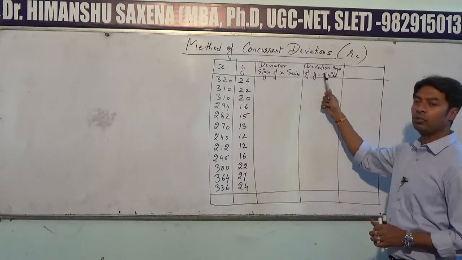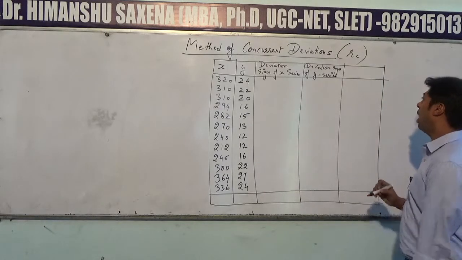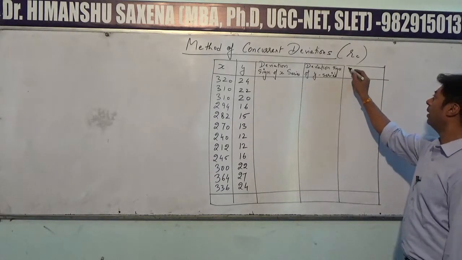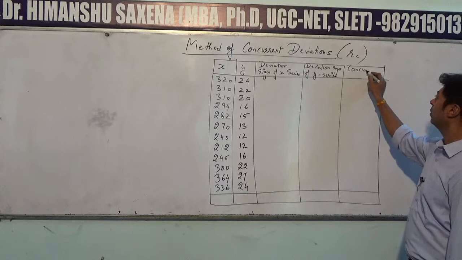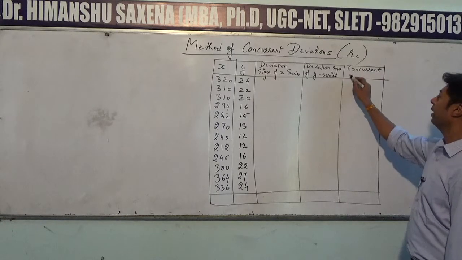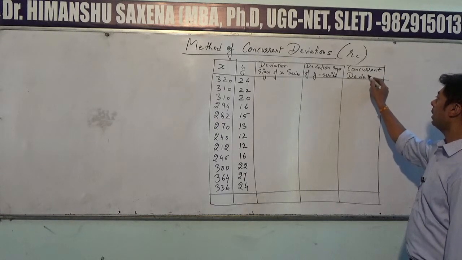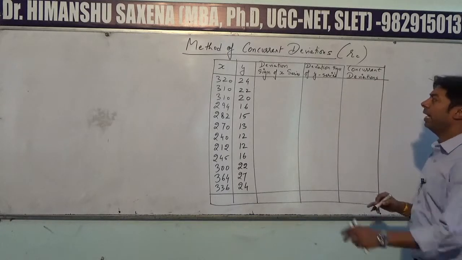Then we will be constructing another column for deviation signs of Y series. After that, the last one is concurrent deviations. Now how you are going to derive it?